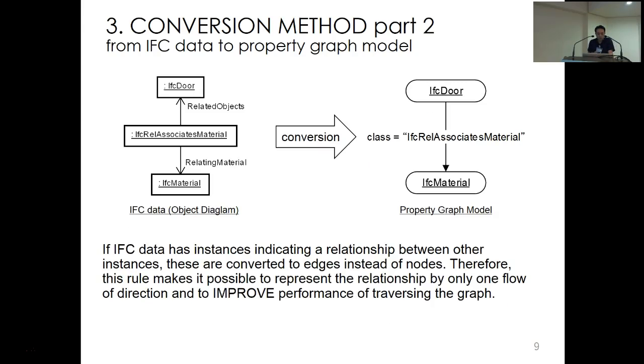If IFC data has instances indicating a relationship between other instances, these are converted to edges instead of nodes. Therefore, this rule makes it possible to represent the relationship by only one row of direction, and to improve performance of traversing the graph.